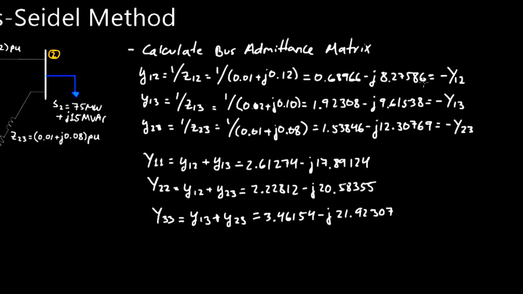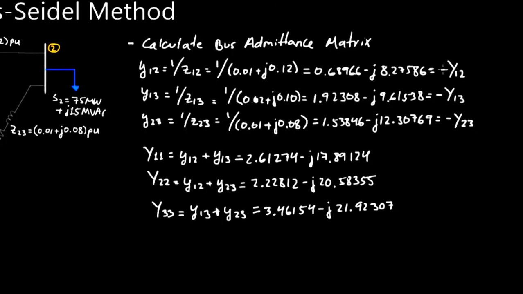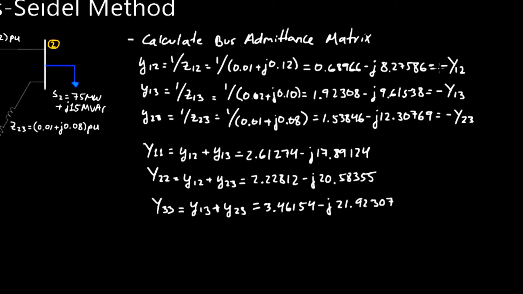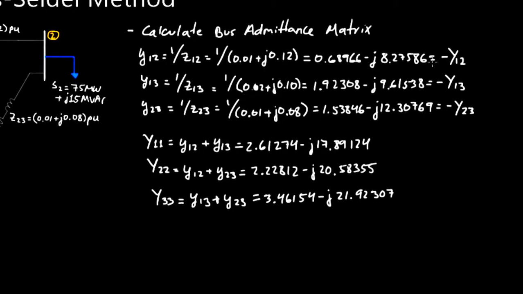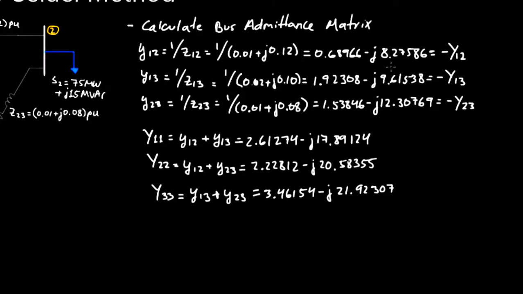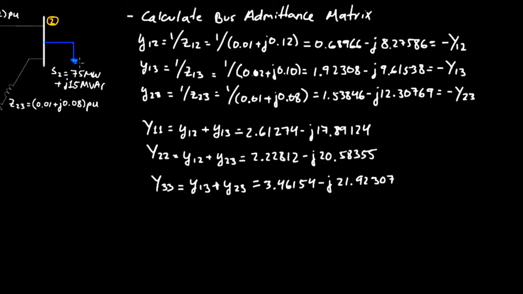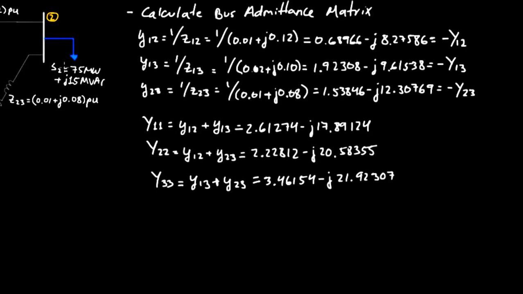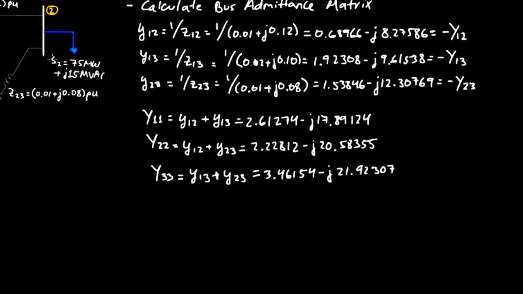And again, we're going to use these capital Y's over here. So when we use Y12, we're probably going to use the opposite of this, so we're going to move the negative sign to the other side of the equation so that we get just Y12. And then one last thing that we need to do is convert these powers to per unit, because again, everything in the Gauss-Seidel equation is in per unit.